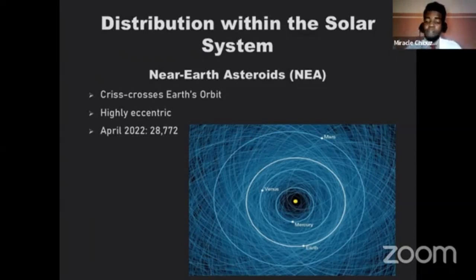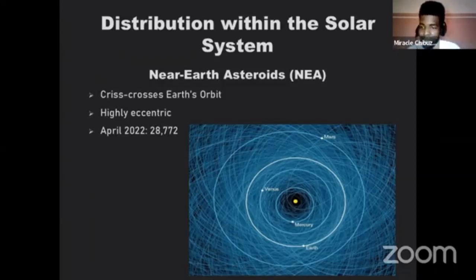But the one that is of importance to us is the near Earth. Those that are crisscrossing the orbit of Earth are called the near Earth asteroids. Look at the depiction. These are the orbits of this near Earth asteroid, the blue lines. So they are always crisscrossing the orbit of Earth.